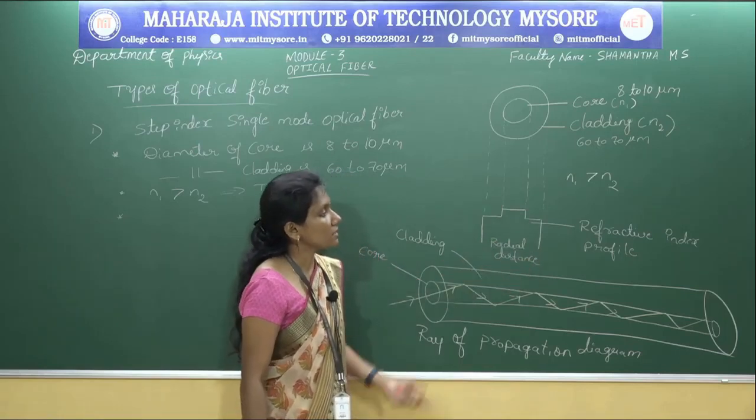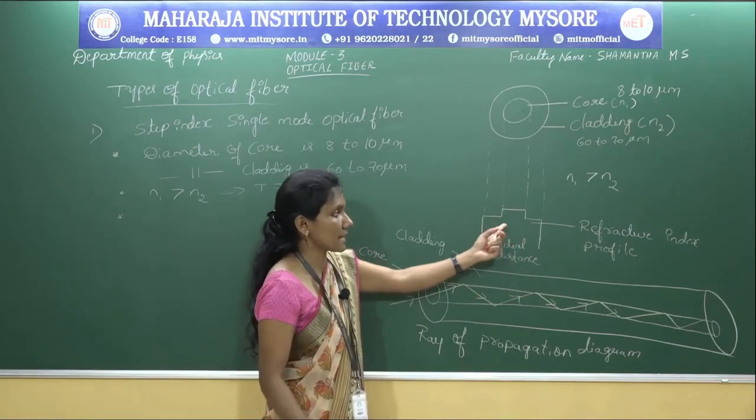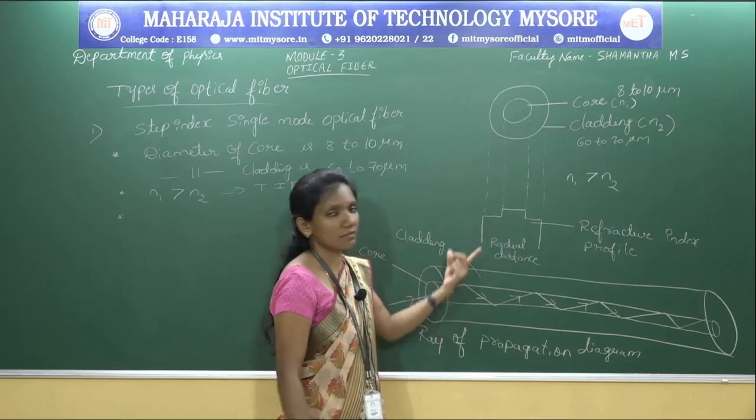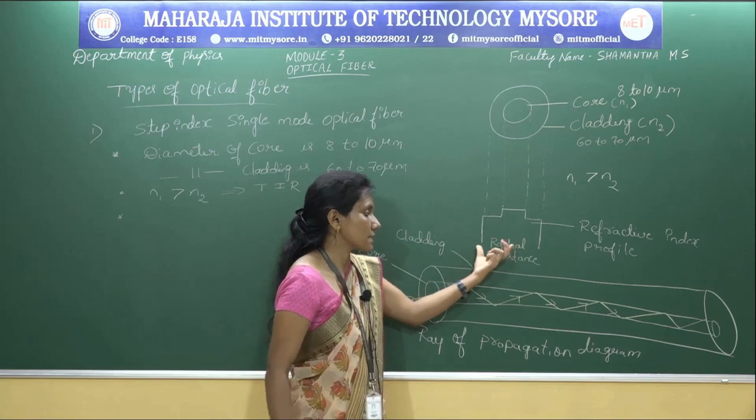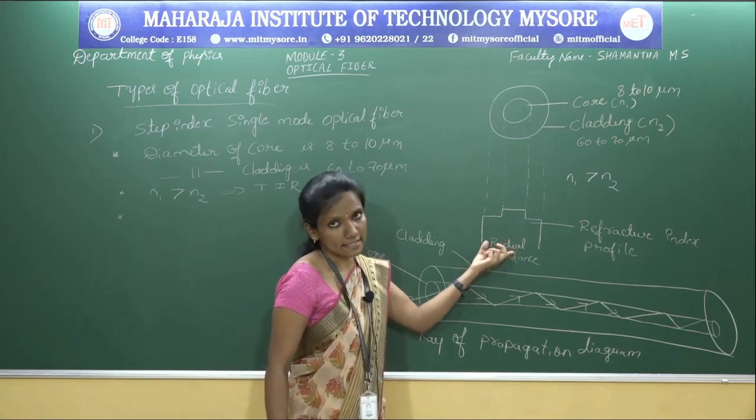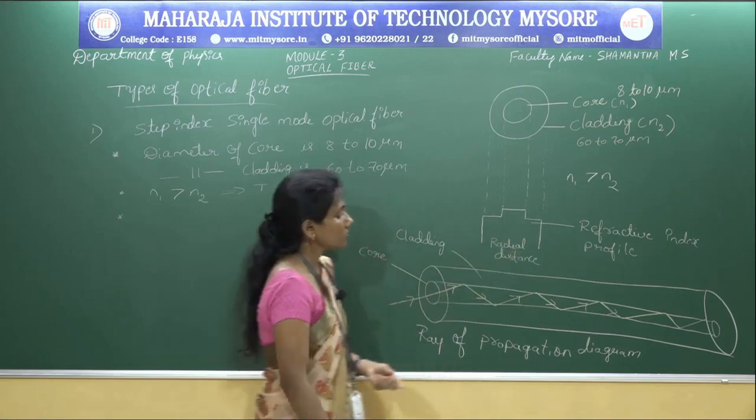That's why the refractive index profile is like this. This is the radial distance.